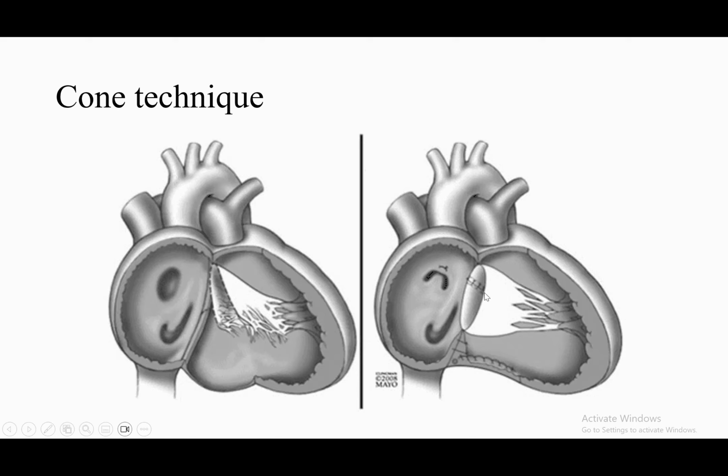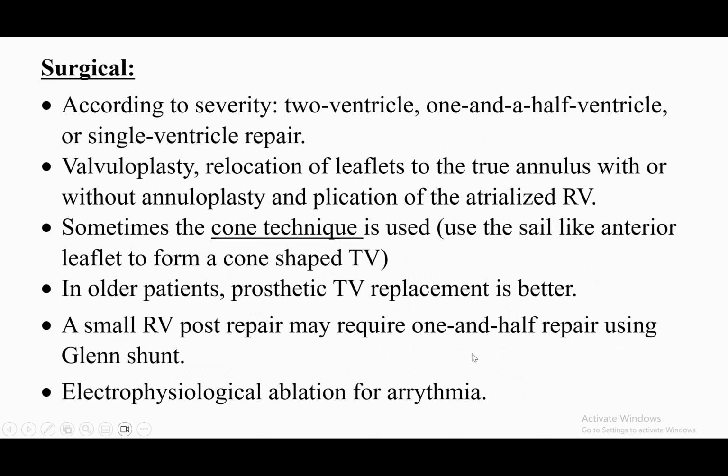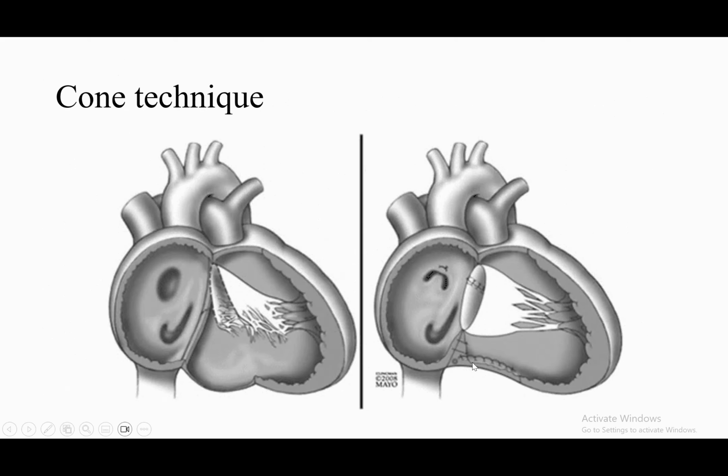And we take sutures here, we shape it into a cone, and then we do an annuloplasty, and we connect this cone to the annuloplasty, and then we buckle and we plicate the atrialized portion of the right ventricle, because this atrialized portion is a weak spot. It may cause an aneurysm or rupture or whatever. So we plicate this part.